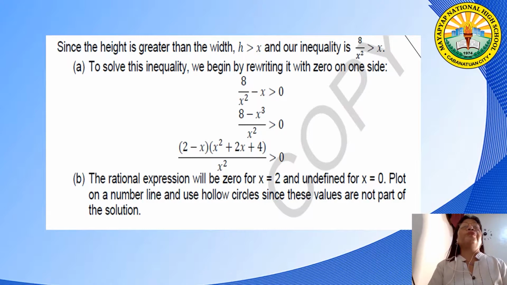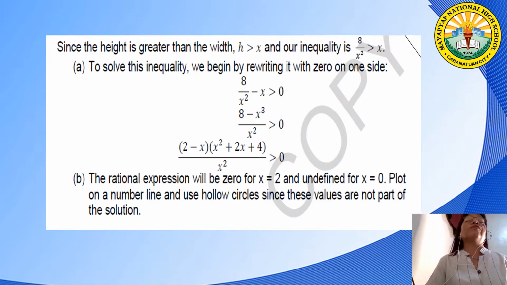of cube. Factoring a cube, 8 minus x to the third power. So you get the cube of 8, and that is 2. Then the cube of x, we have x, and the sign is negative, depending on the sign of the difference of cubes. So we have quantity 2 minus x.